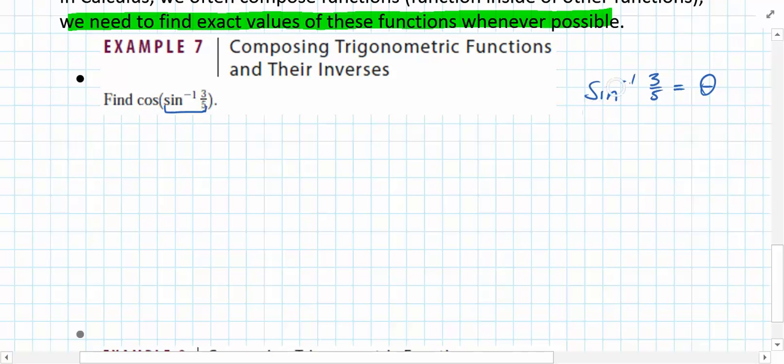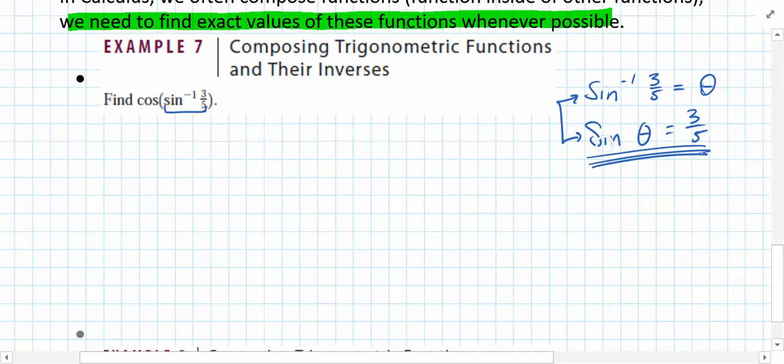To say that sine inverse of 3/5 is equal to theta would be the exact same as saying that sine of theta is equal to 3/5. These are equivalent statements. Those two mean the same thing.